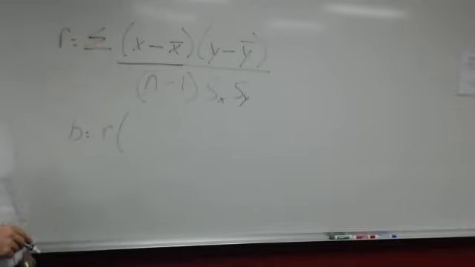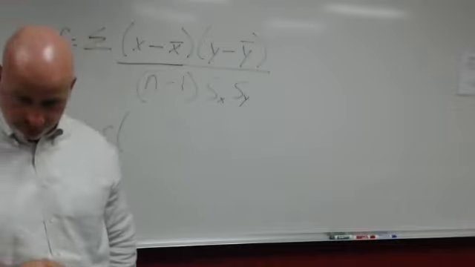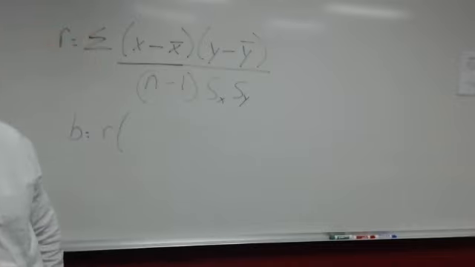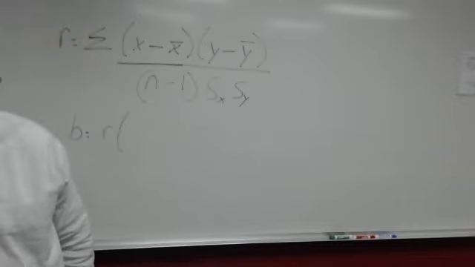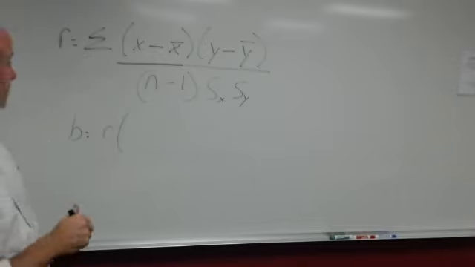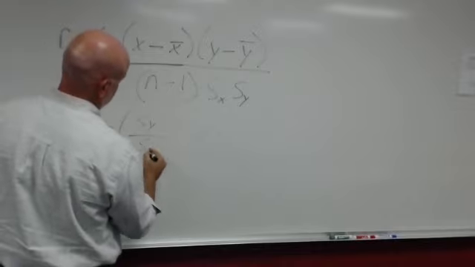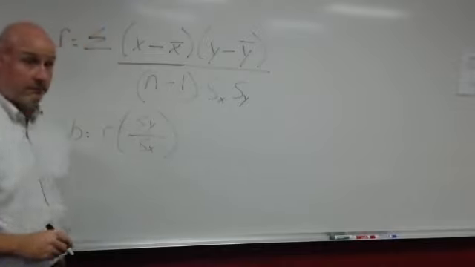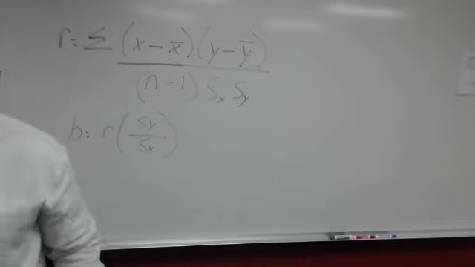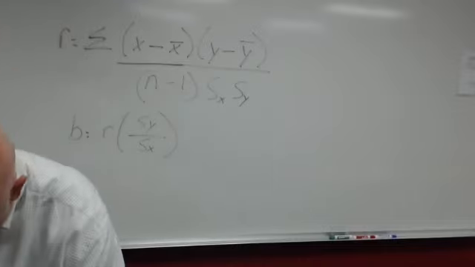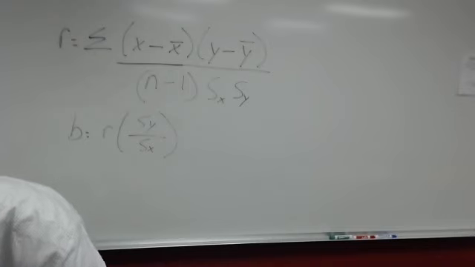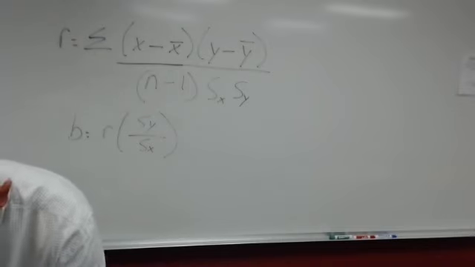What's our formula? B equals R, and then it'd be standard deviation of Y and standard deviation of X. Okay, let's go back and see from our chart on page 433.